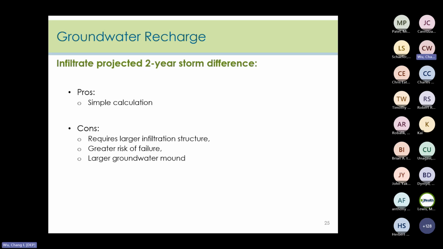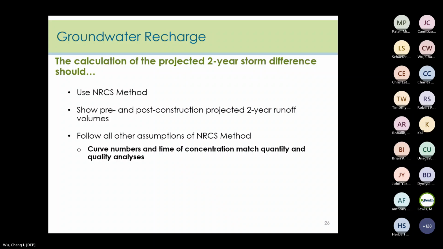And then the mounting would probably be larger and make the infiltration BMP failure easier. And for the calculation of the projected 2-year storm difference, you should use the NRCS method, and follow the criteria in the rules and the NEH and NRCS method.